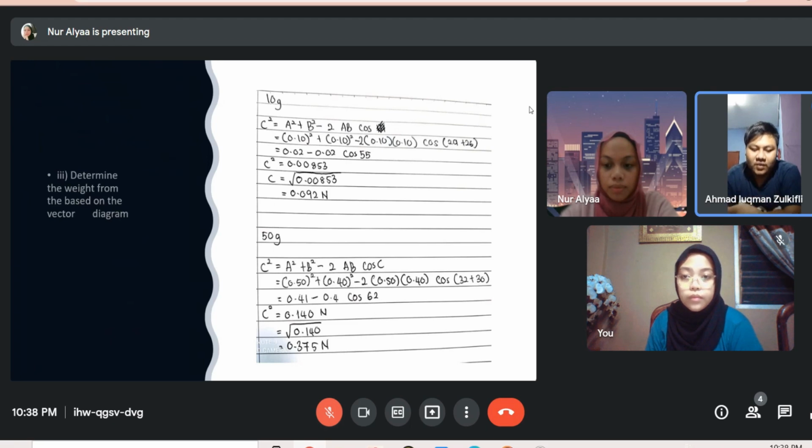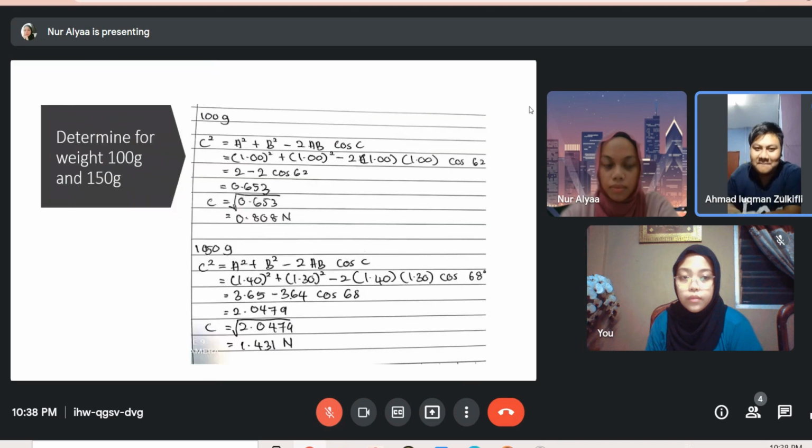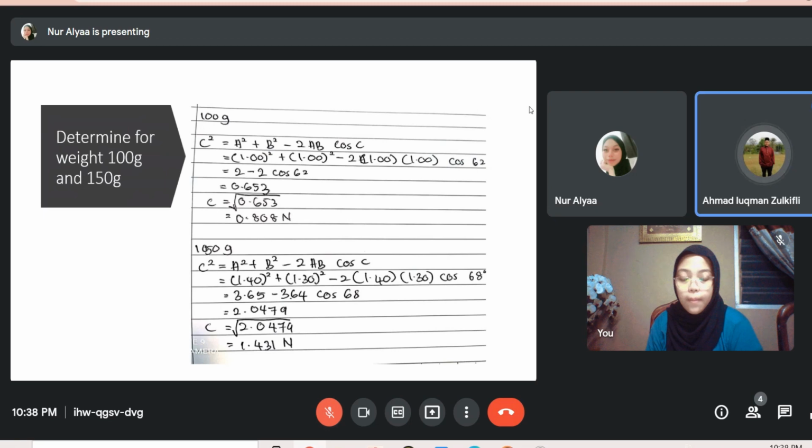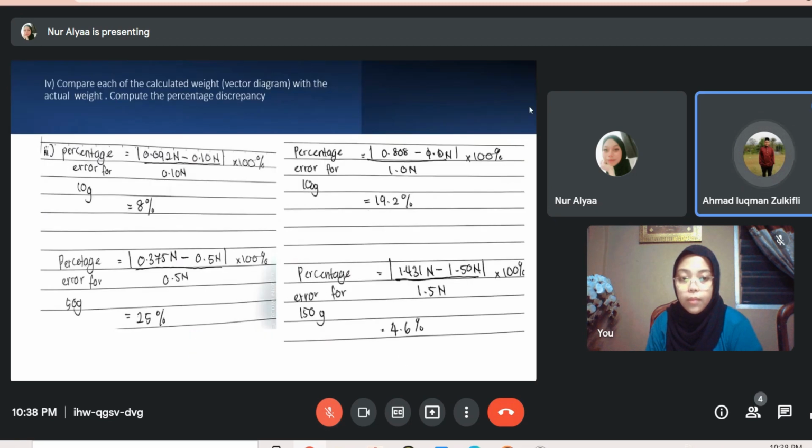Alright, the next step is to compare each of the calculated weights from the vector diagram with the actual weight and compute the percentage discrepancy.